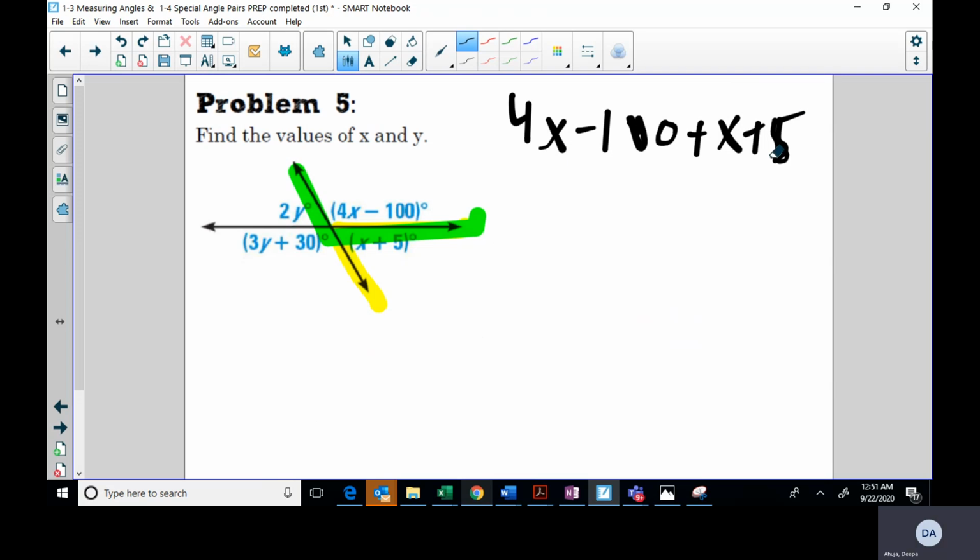Is equal to 180. They are forming a linear pair. So when it is a linear pair, it will be equal to 180.